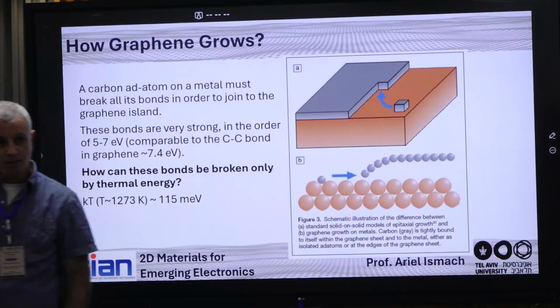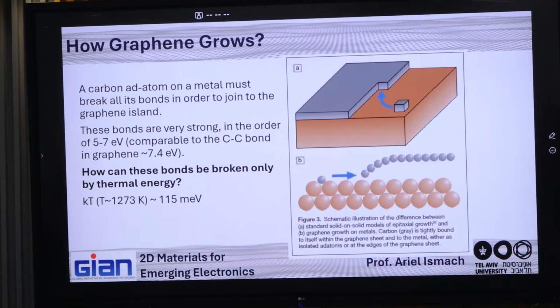The thermal energy cannot account for that. So how does the graphene grow? You understand the problem? The process of the atom incorporation into the graphene edge is theoretically too high. It cannot happen. So according to the calculations, you should not grow graphene on top of the copper in the surface mediated growth.